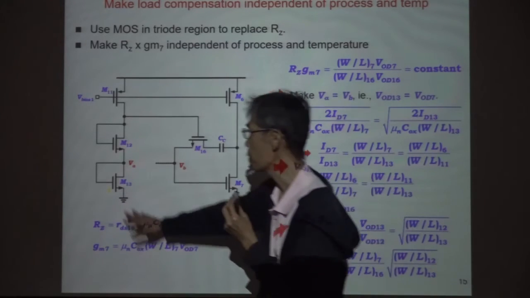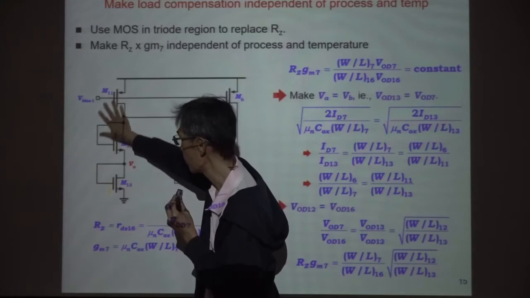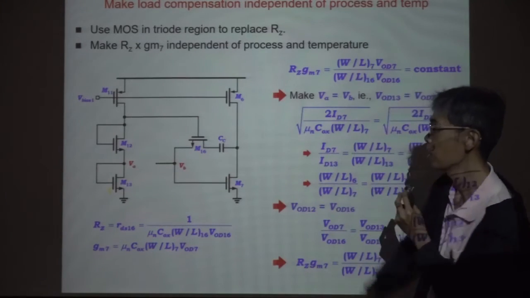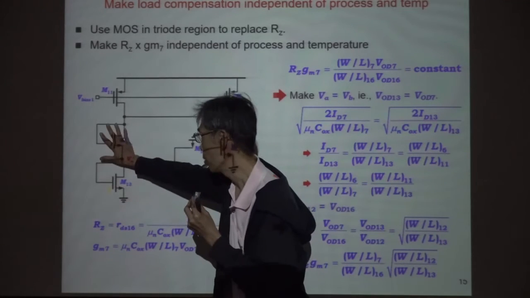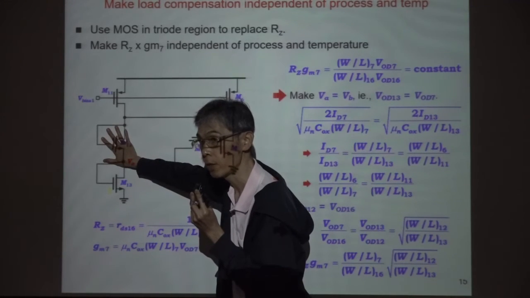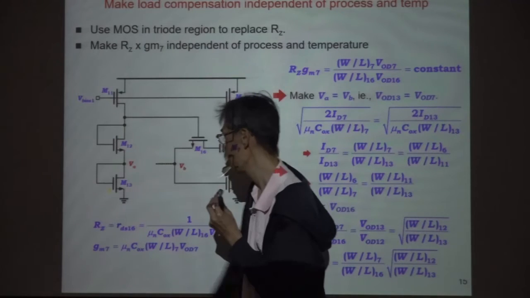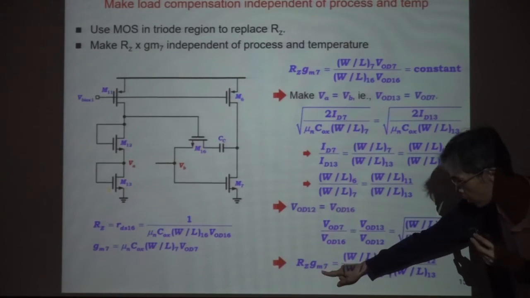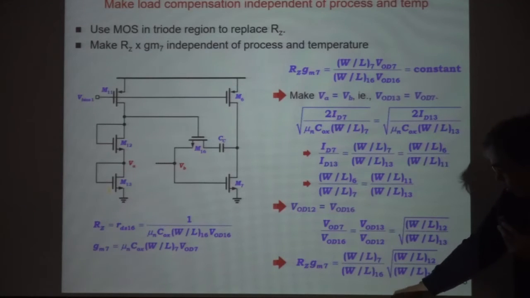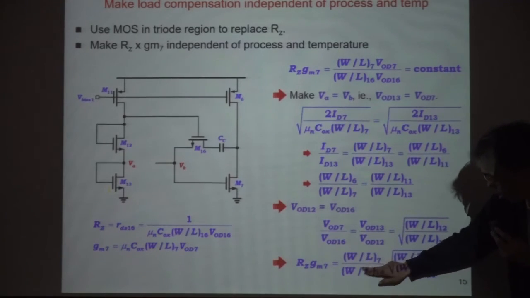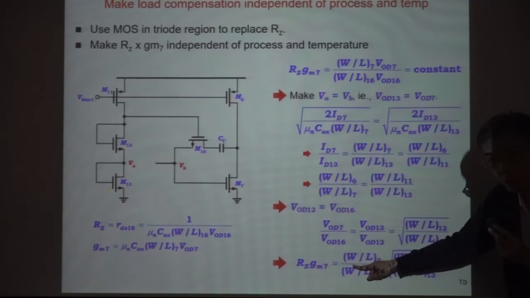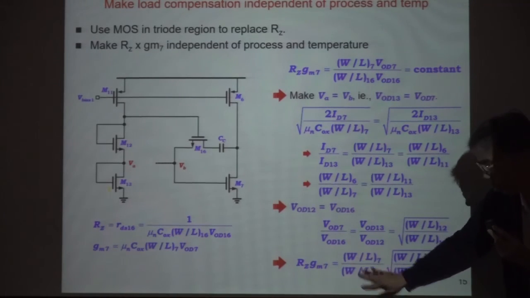This is the supply voltage, the bias. They depend on temperature and process, so we want to make your supply independent of temperature. In the end, if you can do this, W divided by L, W divided by L, if they increase together, the temperature effect will be canceled out.